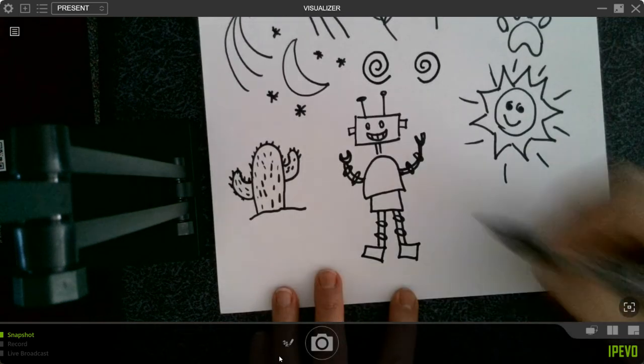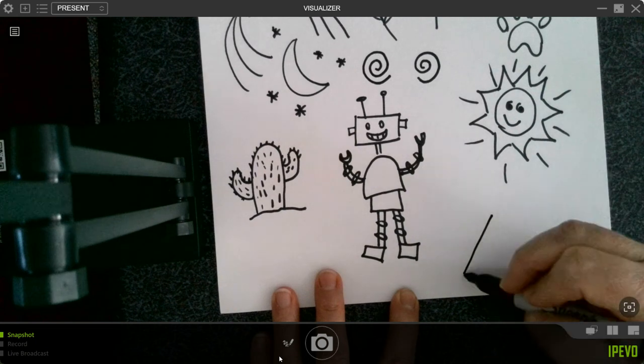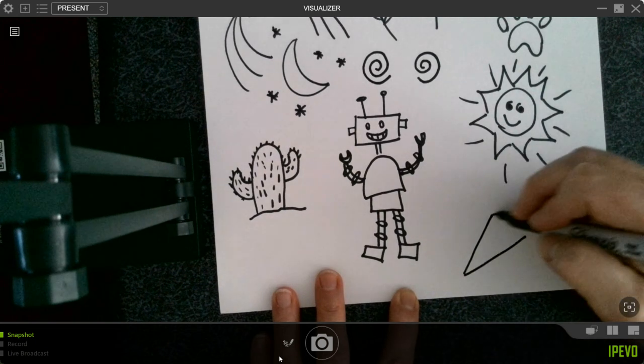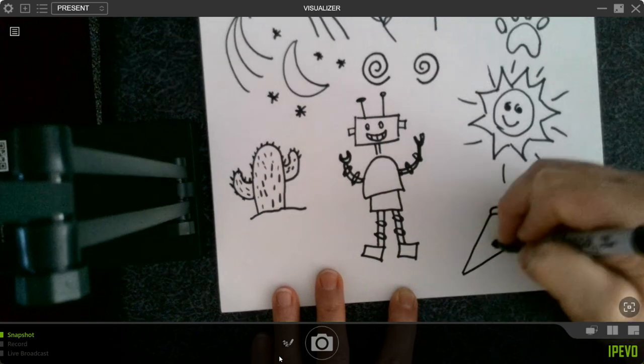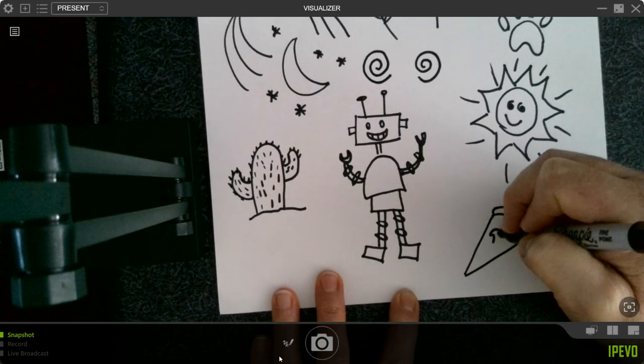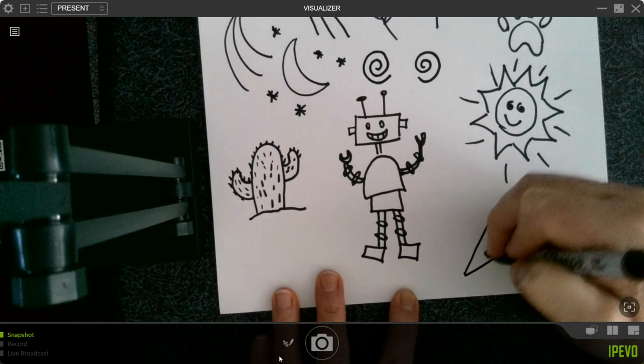I think I'm going to draw a piece of pizza with mushrooms on it.